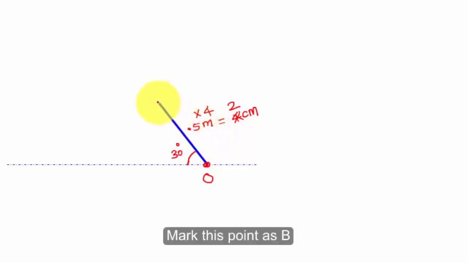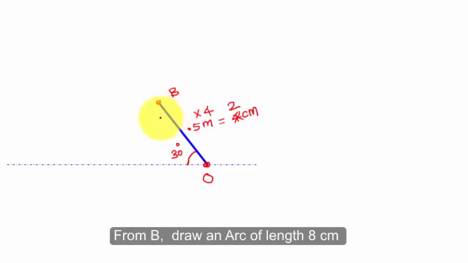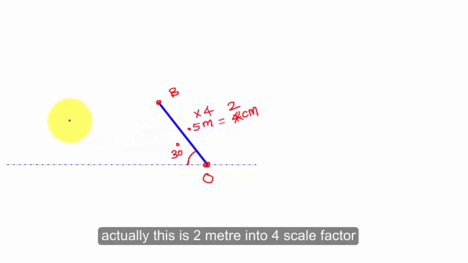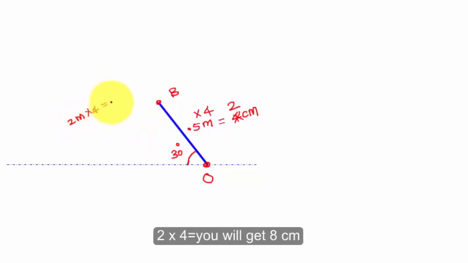Mark this point as B. From point B, draw an arc of length 8 centimeter. Actually this is 2 meter into 4 scale factor, you will get 8 centimeter.